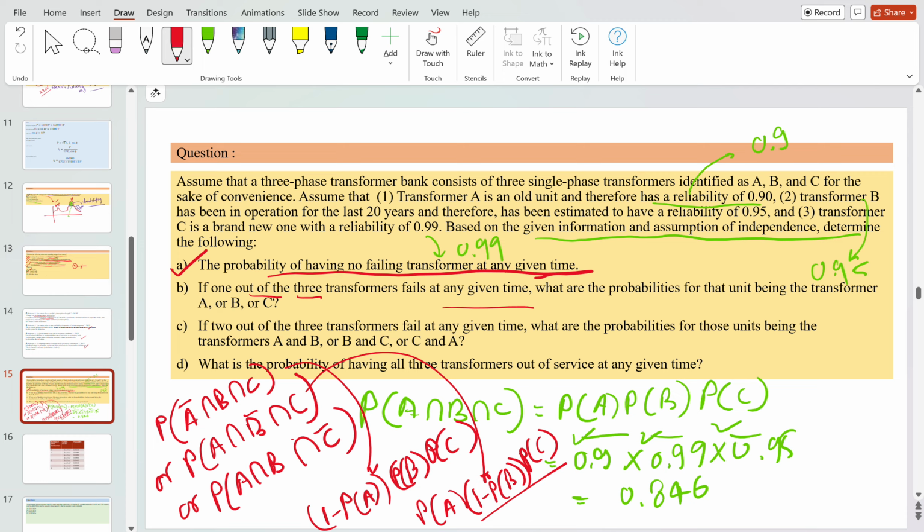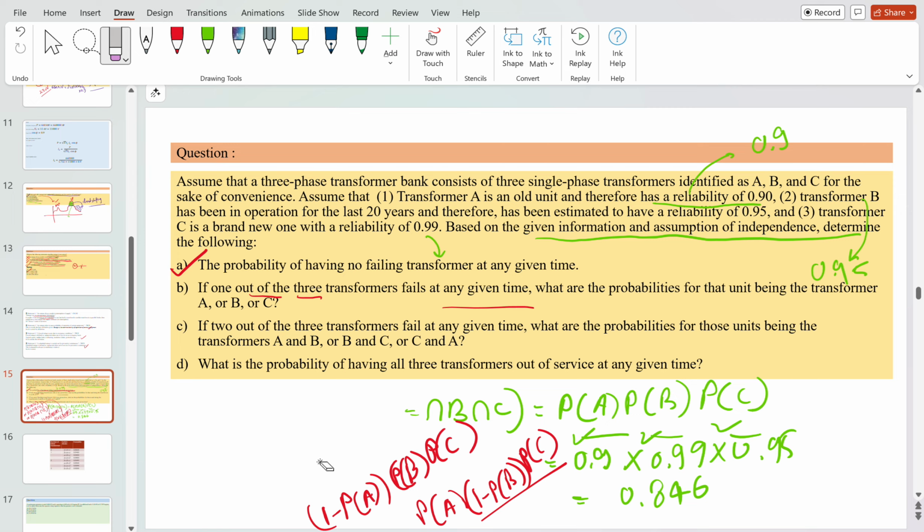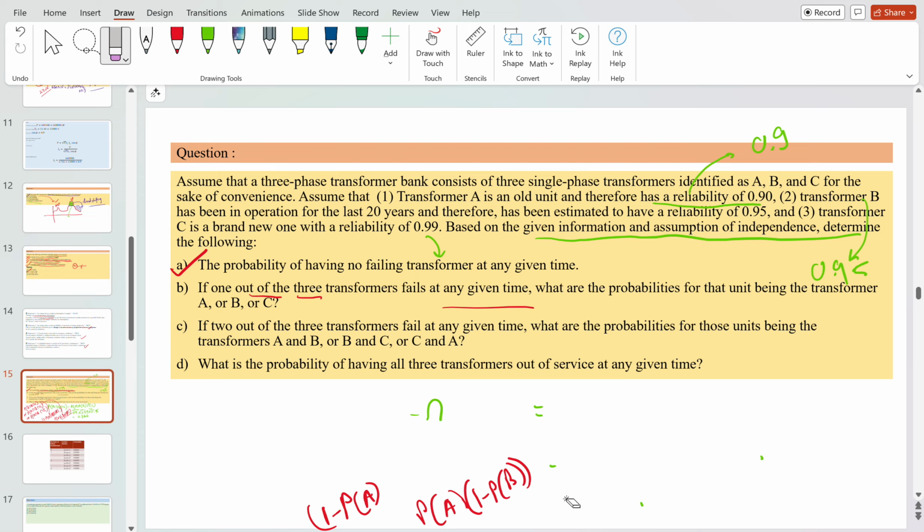I got one answer of option C. Okay, that's correct. Try to solve part D. Take one more minute and try to solve for part D. Okay, let me give the solution for part C and part D.